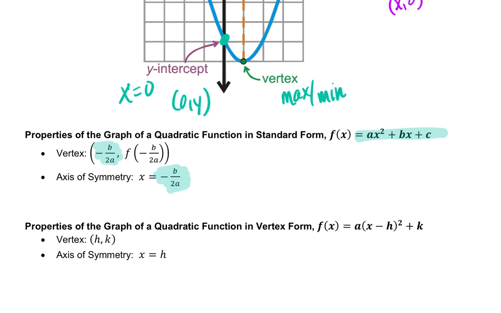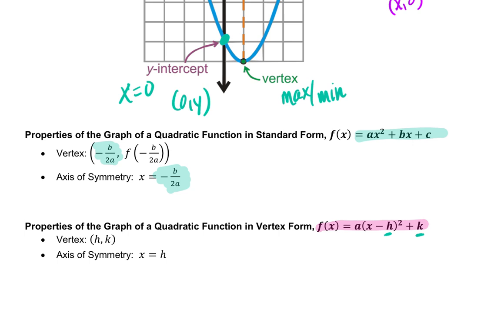And then this one is a little bit easier, I think. If you're in vertex form, it's very similar to that equation of the circle. Remember how we had x minus h squared plus y minus k squared, and our center was h and k? Well, if you look here, you've got that h and that k again, where h is the x value of your vertex and k is the y value of your vertex. So keep in mind, remember to change the sign.